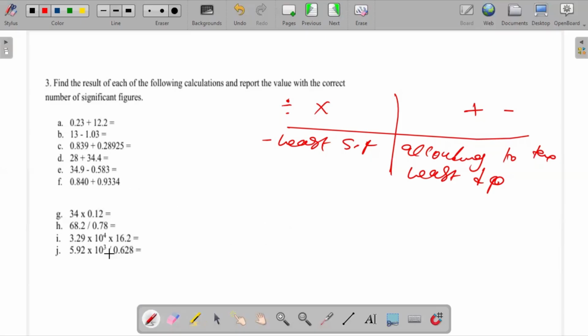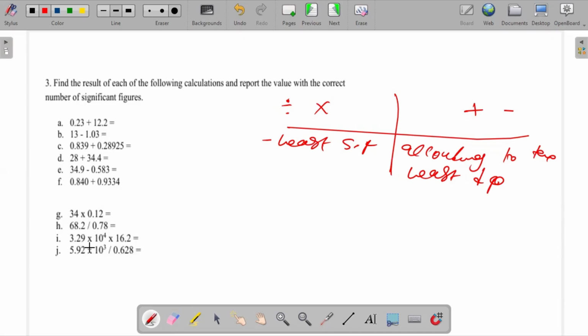All right. So let's divide the next one. Let me get numbers with different significant figures. Let me get some having three significant figures.